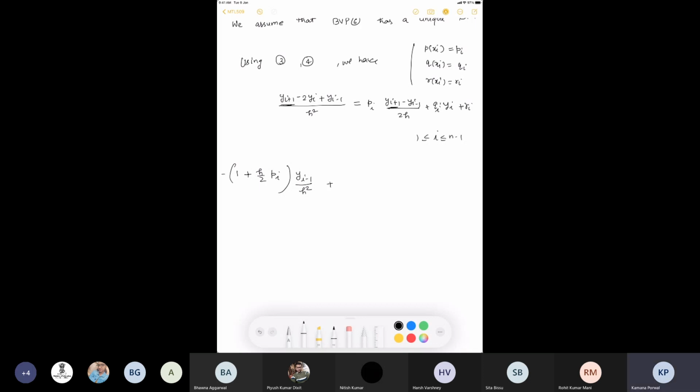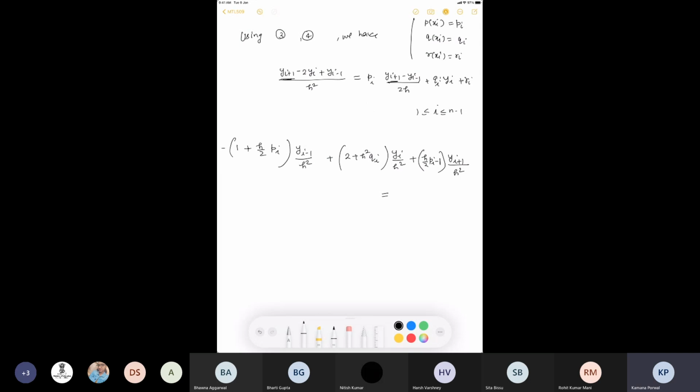Okay, and then let's see the coefficient of yi divided by h square. This is going to be 2 plus h square times qi. And finally, the coefficient of y(i+1) divided by h square. For this as well, we are going to get h by 2 pi minus 1.